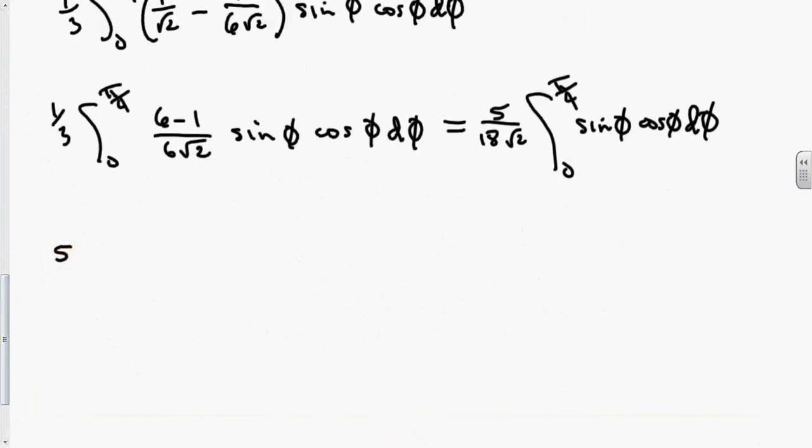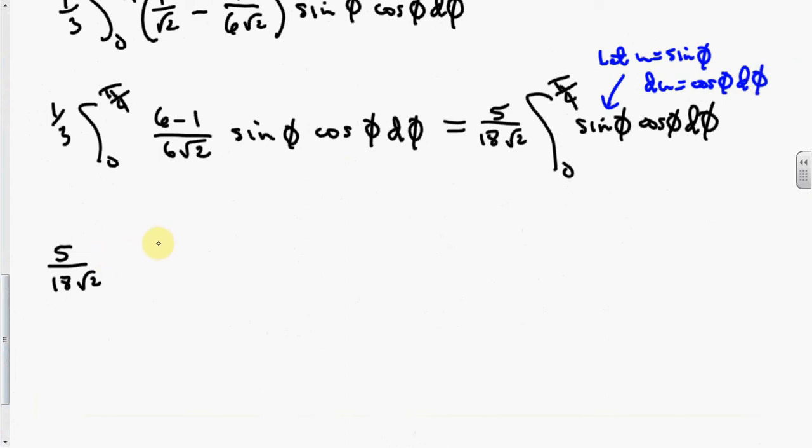So this is 5 over 18 times the square root of 2. I'm going to use a u du for this as well. Let u equal sine phi, and so du picks up the cosine phi and that d phi.